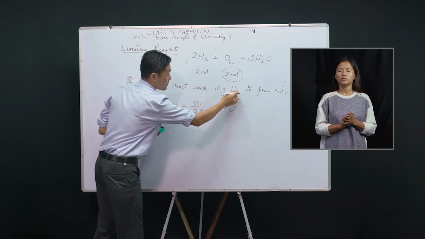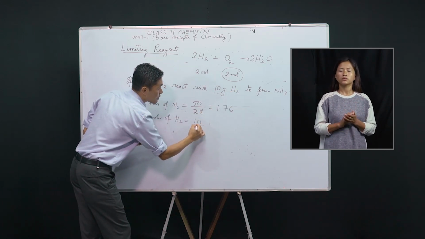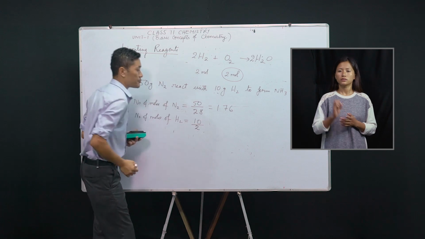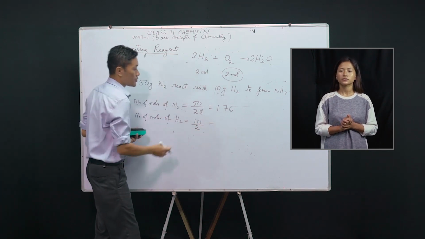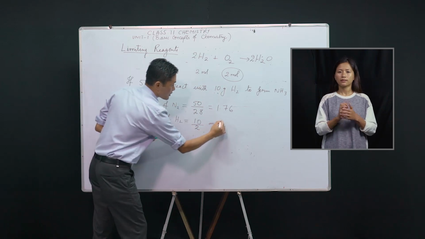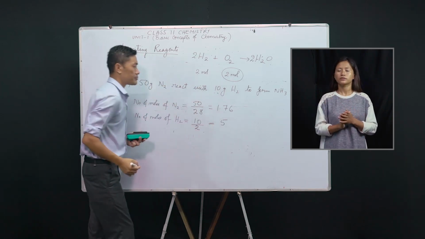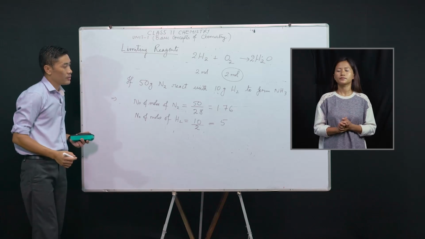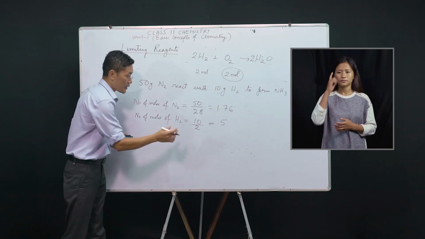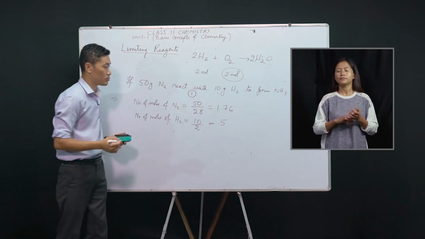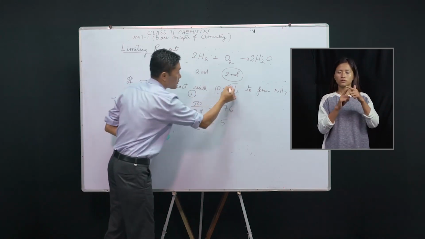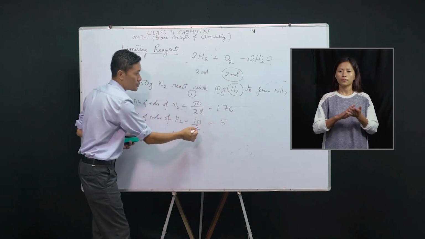The molecular mass of hydrogen is 2. So 10 divided by 2 will give us 5. Remember that once again, I'm using 1 for the mass of 1 hydrogen atom. So for 1 molecule of hydrogen, the mass will be 2.